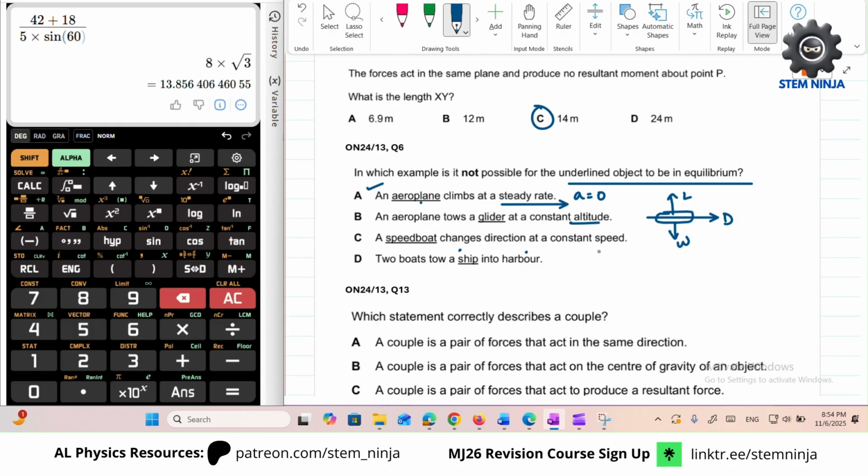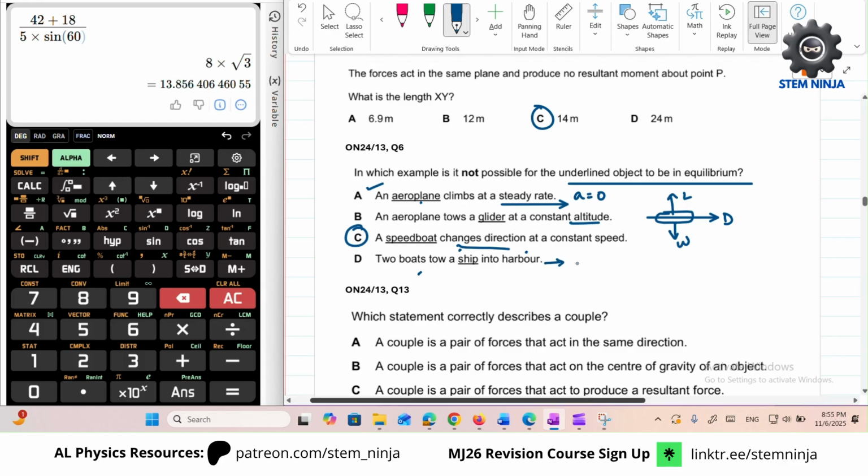Speedboat changes direction at a constant speed. If it's changing direction, vector-wise it is not in equilibrium because it is changing direction, so velocity is changing. So this is the correct one. Two boats tow a ship into a harbor.